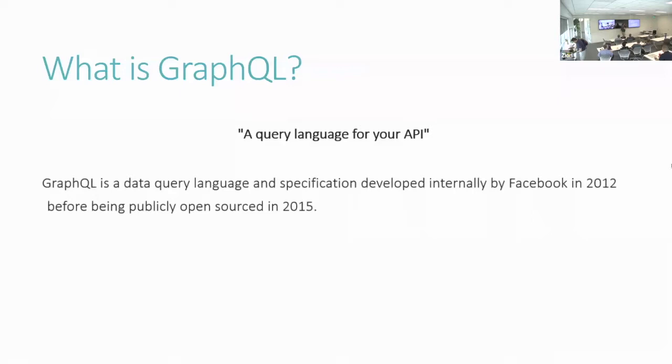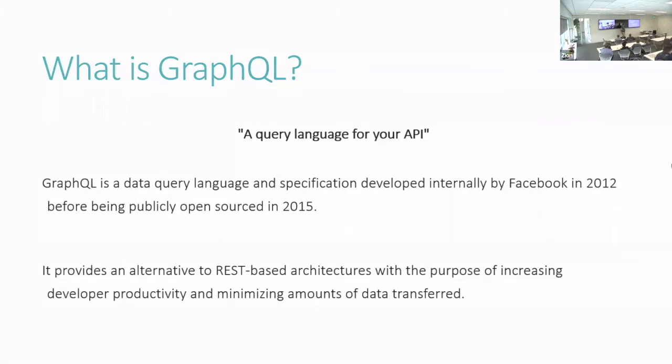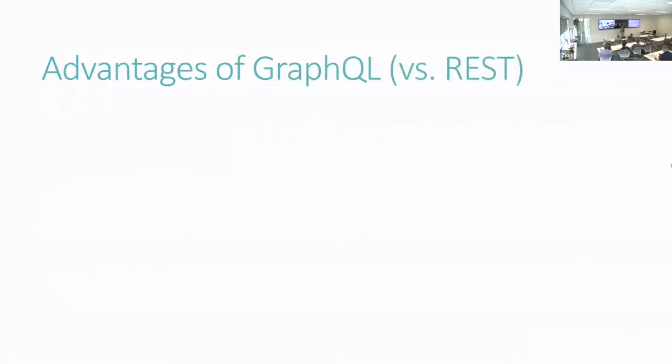GraphQL is a data query language and specification developed internally by Facebook in 2012 before being publicly open sourced in 2015. So if there's one good thing that's come out of Facebook, it's GraphQL. It provides an alternative to REST-based architectures with the purpose of increasing developer productivity and minimizing amounts of data transferred. So let's go over some advantages that GraphQL has versus REST.